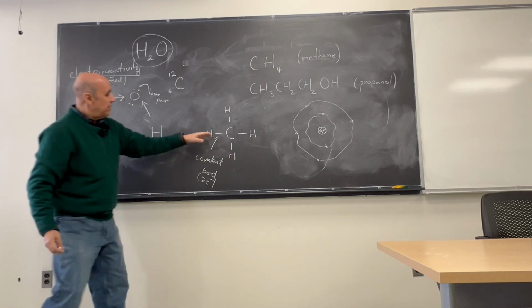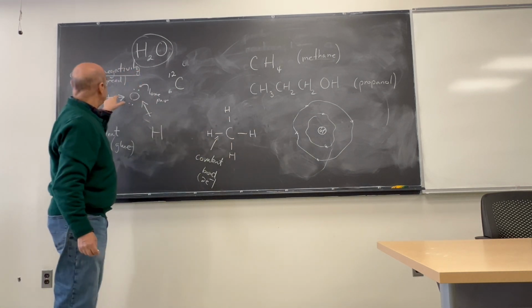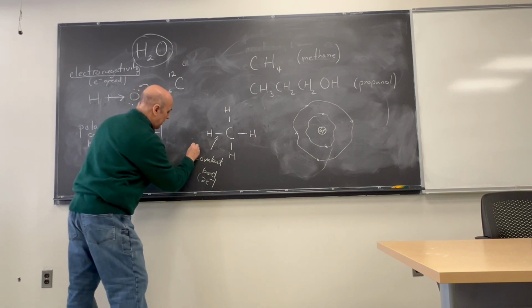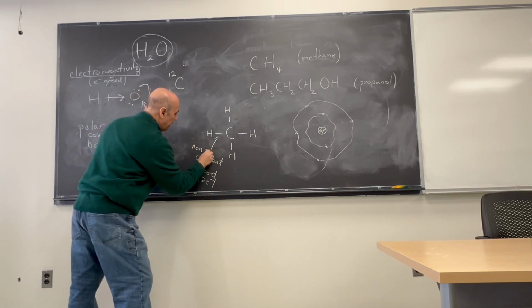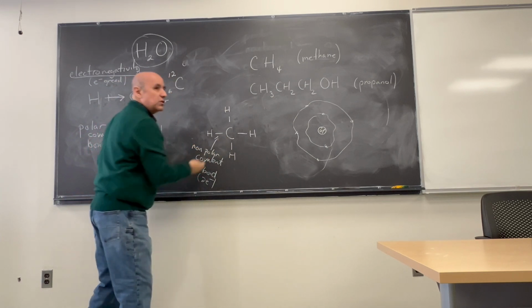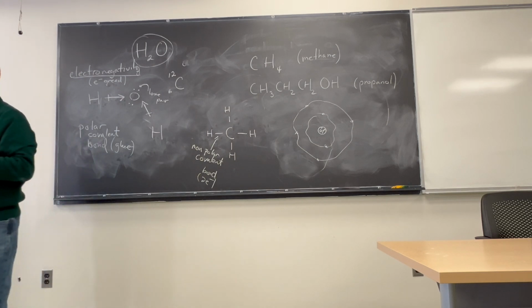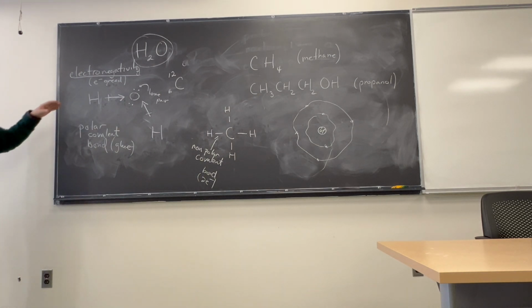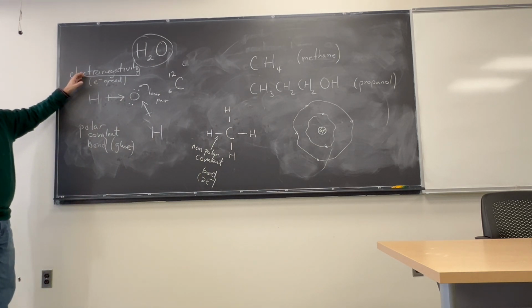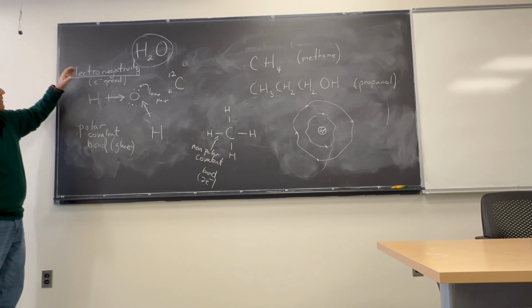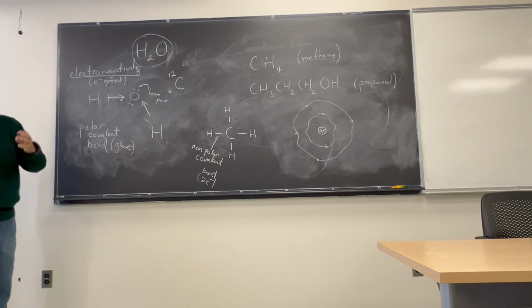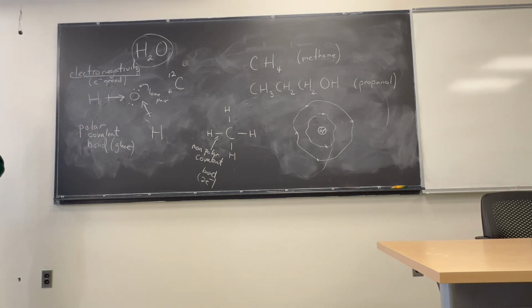So this bond, unlike this bond, is said to be nonpolar, because the sharing of the electrons is about equal. And that is due to the fact that the electronegativity of carbon and the electronegativity of hydrogen is about the same. Does that make sense a little bit?